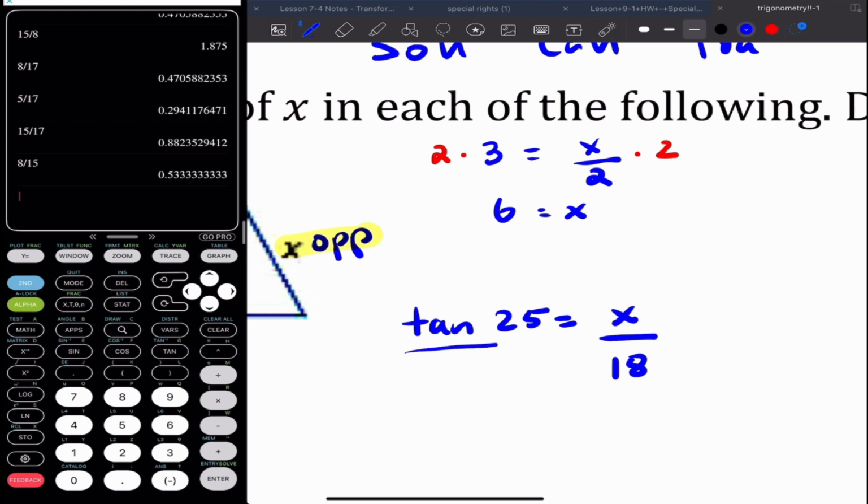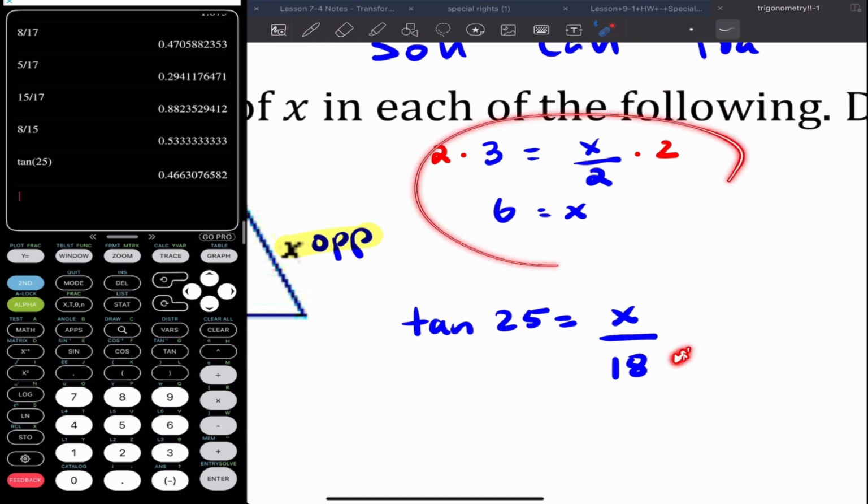Now, tangent of 25. Let me tell you this right now. The tangent, if I put this in the calculator, the tangent of 25 is a number. You're going to treat it as such. The tangent of 25 is a number. So if I'm trying to solve for x, I got to do the same thing as I did before. So I can multiply both sides by 18.